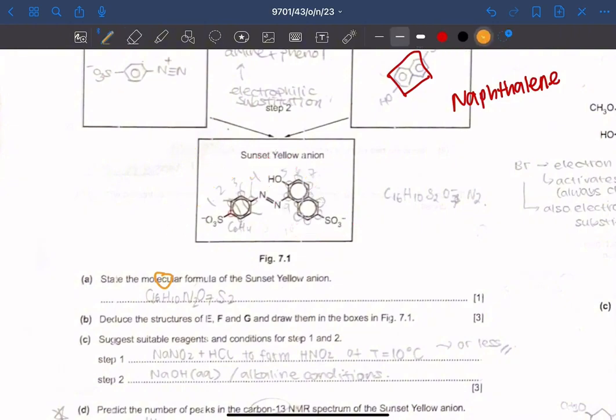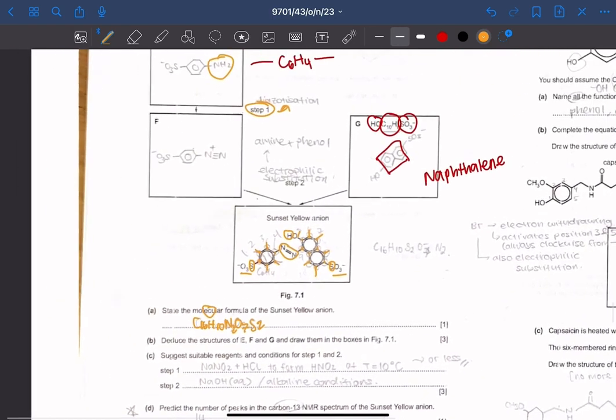So here we can count 1, 2, 3, up to 16: C16. H is 1, 2, 3, 4, 5, 6, 7, 8, 9, 10: H10. N2, O, 3, 4, 7: O7.